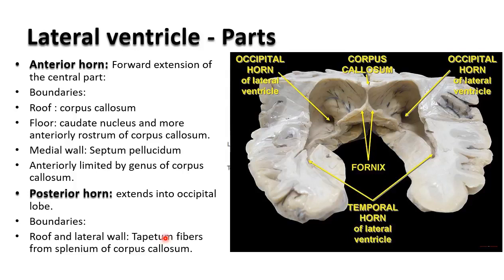So what are these tapetum fibers? Above, you are able to see the corpus callosum, a white matter band of fibers that run on either side from the midline. The anterior most fibers curve and are called the forceps minor. The posterior fibers curve and are called the forceps major.